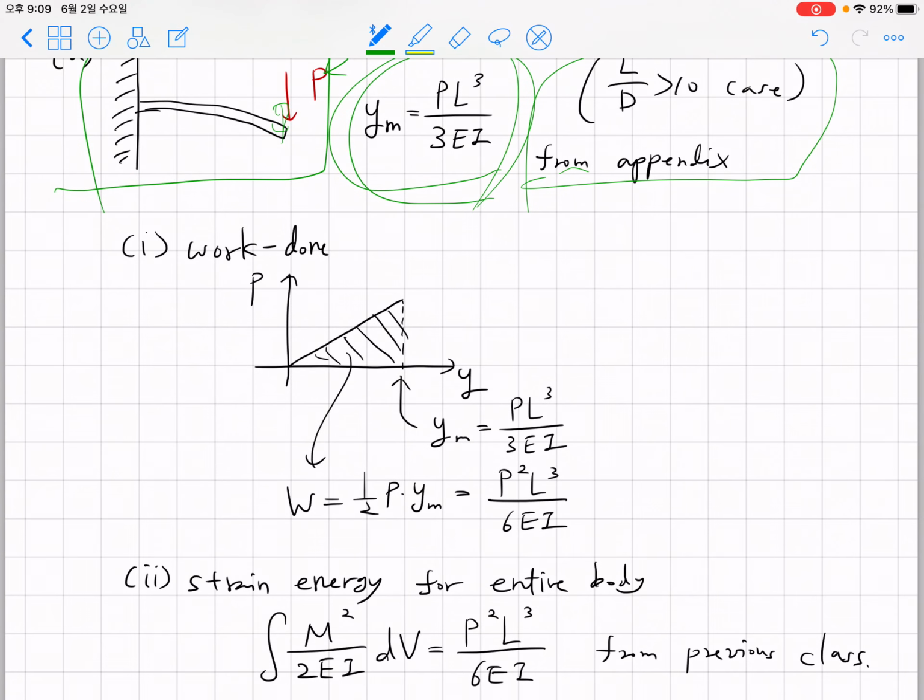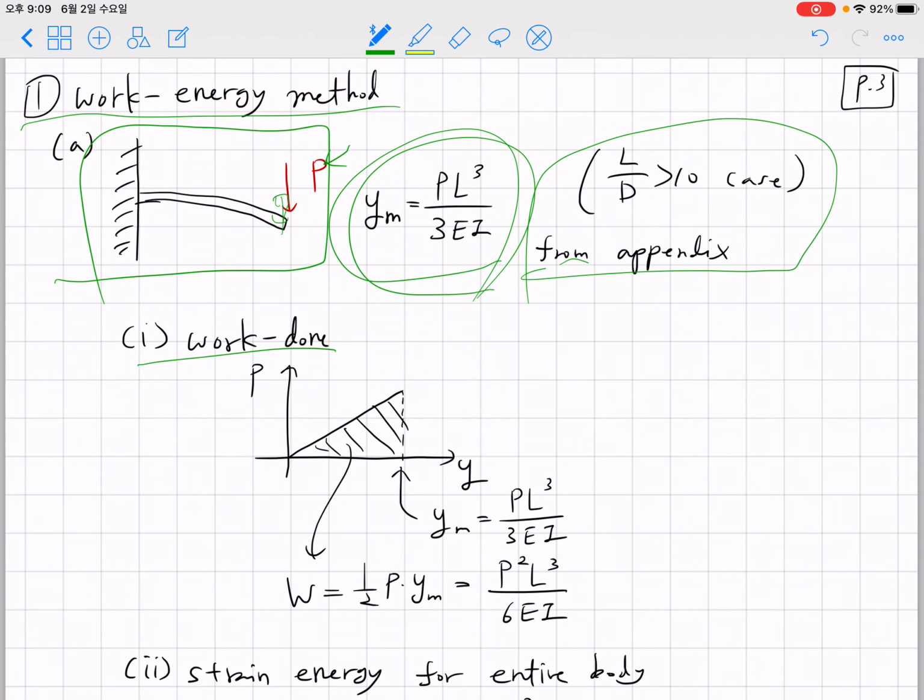So let's first consider work done. What you can imagine here is that when you start to deform the beam, in the initial stage of the beam deflection, you don't need a large force, right? The force and the deflection have a linear relationship, right? Ym is proportional to P, and this proportionality constant is given in terms of the geometric parameters, material property, and cross-sectional area.